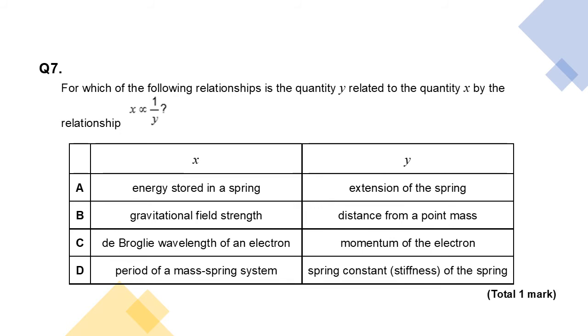If you think about that equation, gravitational field strength is inversely proportional to r square, not just r. So it's not that either. Wavelength and momentum. You have studied the de Broglie wavelength, where lambda is equal to h over momentum. So they are inversely proportional, and so the answer is C.